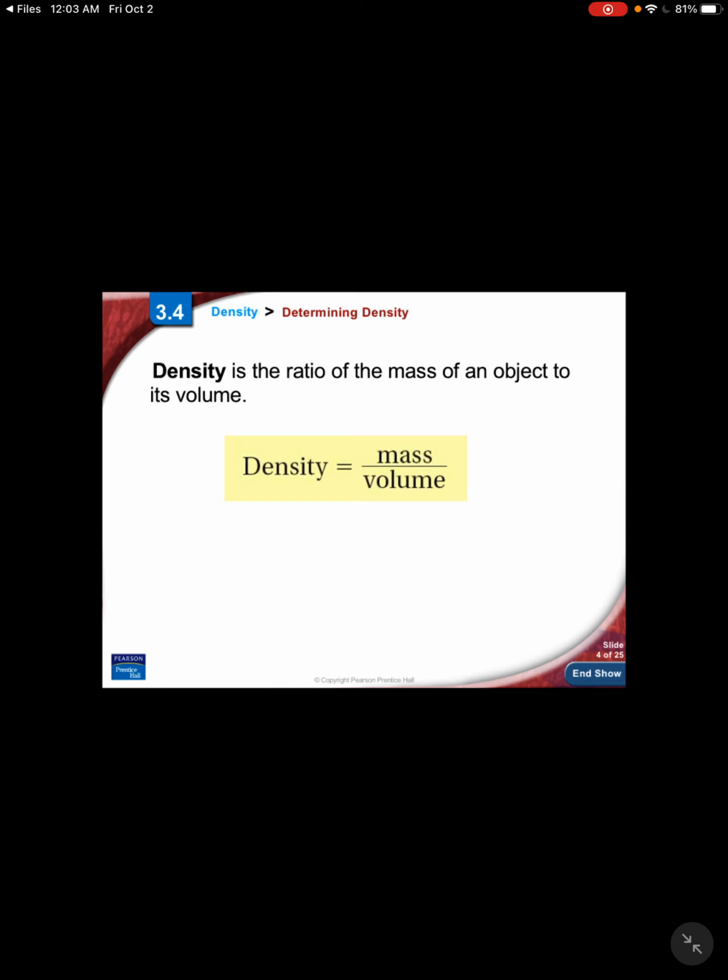And for those mathematically inclined, if you have a plot of the mass on the y-axis, where we have mass in grams typically plotted, and on the x-axis or the horizontal axis or the abscissa, we have volume plotted.